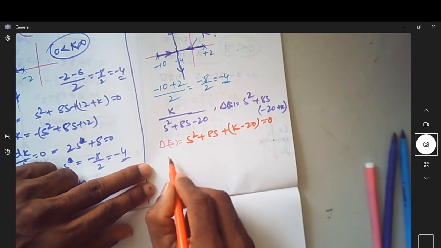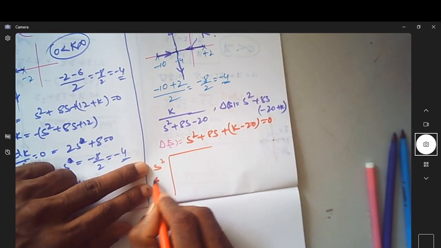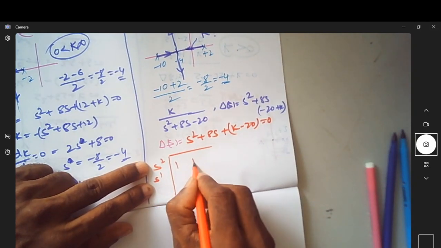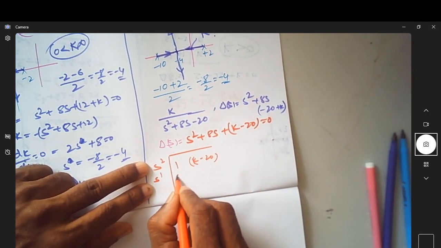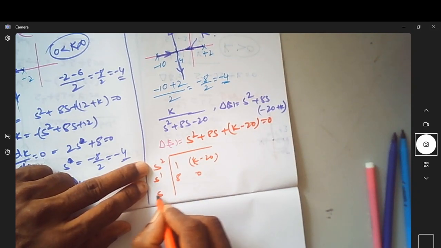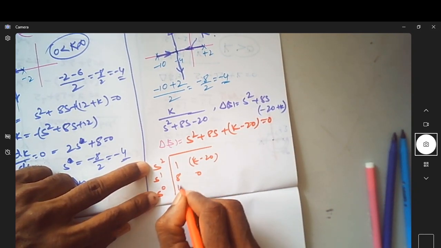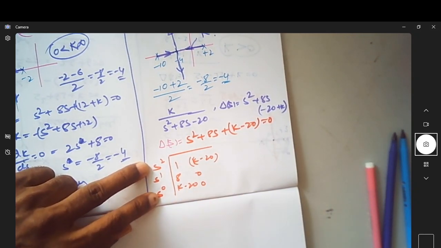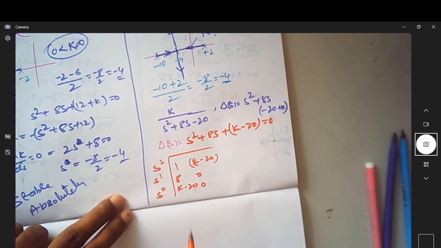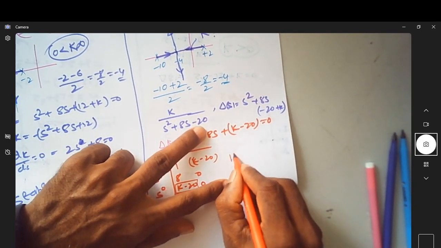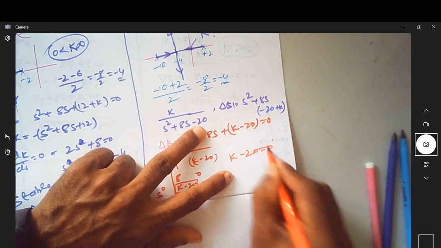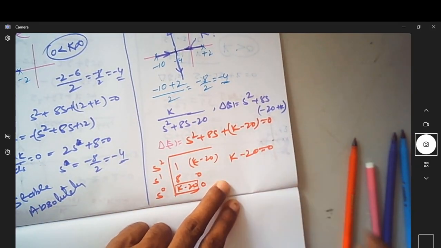So write the Routh array now. So it is s square, s power 1, can you see it is 1, k minus 20, and this is 8 and 0. So what is this s power 0? Is it not k minus 20 and 0? See now, suppose if you take this k minus 20 equal to 0, can you see this quantity?